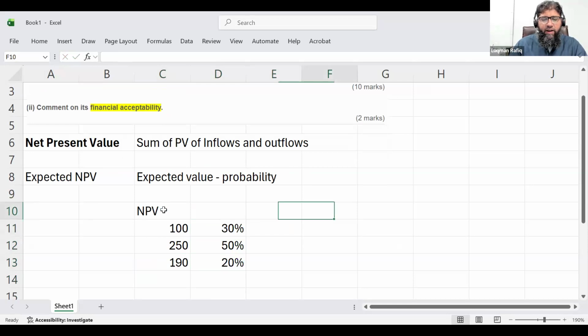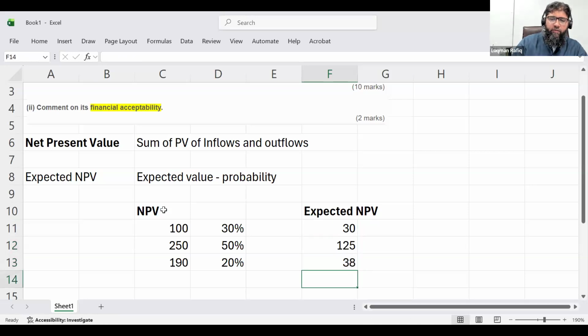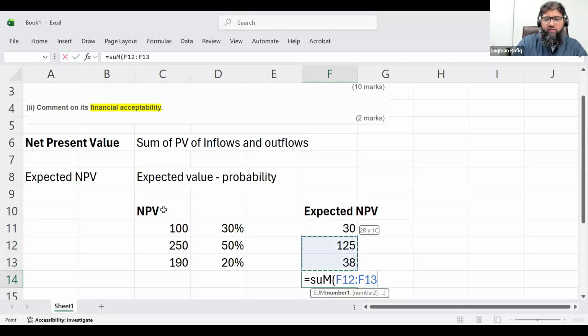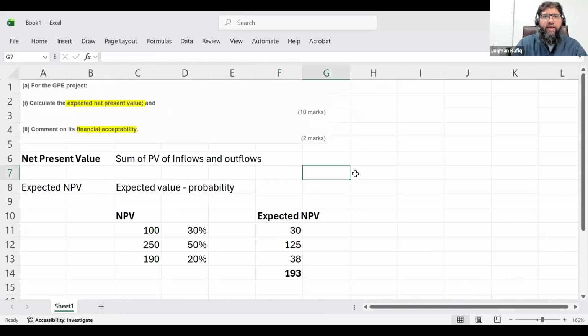Then the expected NPV is going to be 100 times 30%, 250 times 50%, and 190 times 20%. If you sum up all of these, the sum is going to be 193.